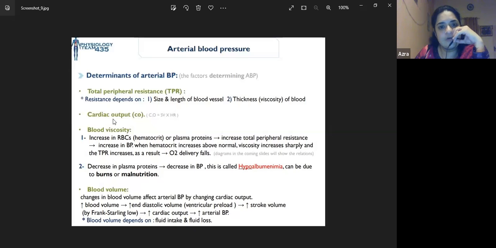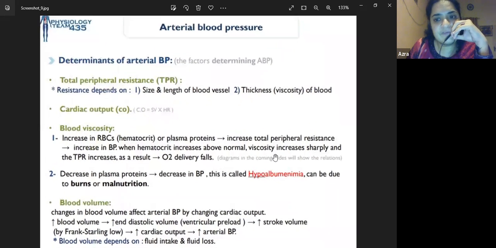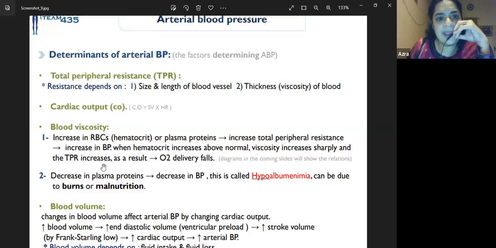So regarding blood viscosity, an increase in RBCs or plasma protein increases total peripheral resistance, and BP increases. When hematocrit increases above normal, viscosity increases sharply, TPR increases, and oxygen delivery falls.